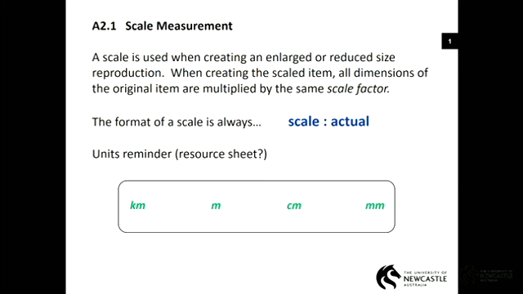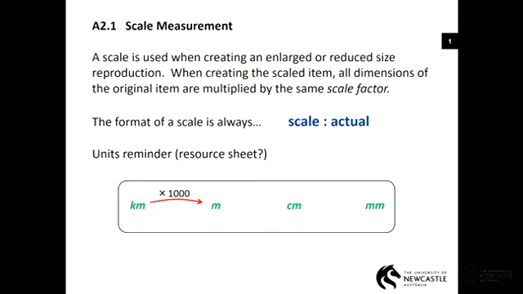Because units come in here, with scale measurement, maps and all that, we're going to do a lot of kilometres, metres, centimetres, millimetres. I think this graphic might be handy to have on the resource sheet as a reminder. If you've got something in kilometres and you times it by 1,000, you've converted to metres.